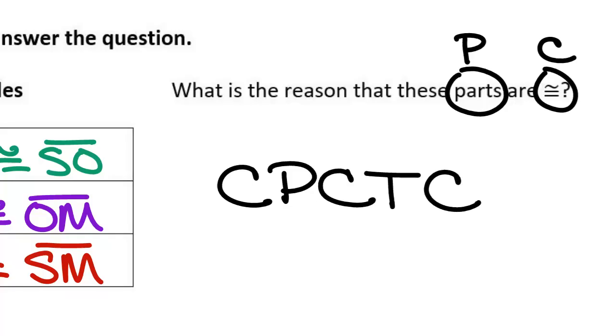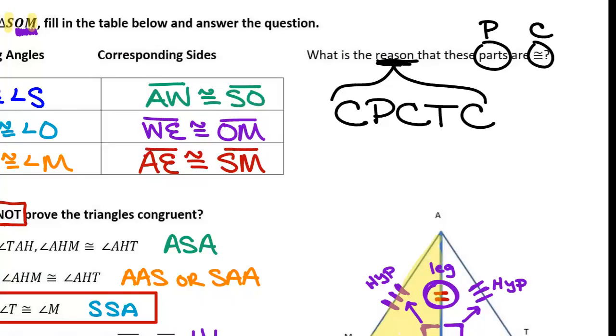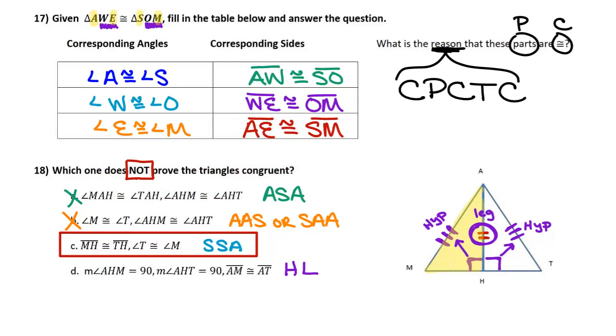And so that means they are congruent. CPCTC is the reason that these parts are congruent. If they're ever asking you about congruent parts, especially if they use those words like they did right here, they're giving you a big hint as to what this is.